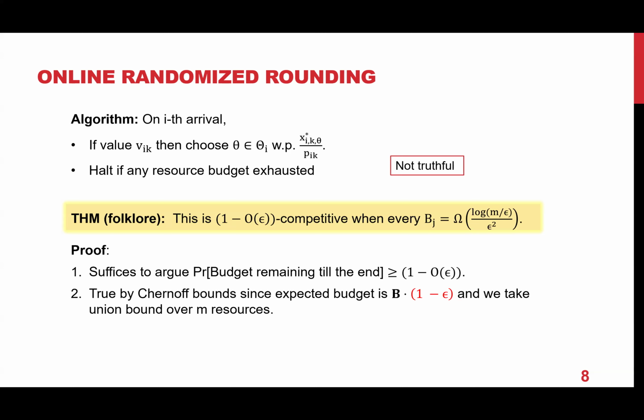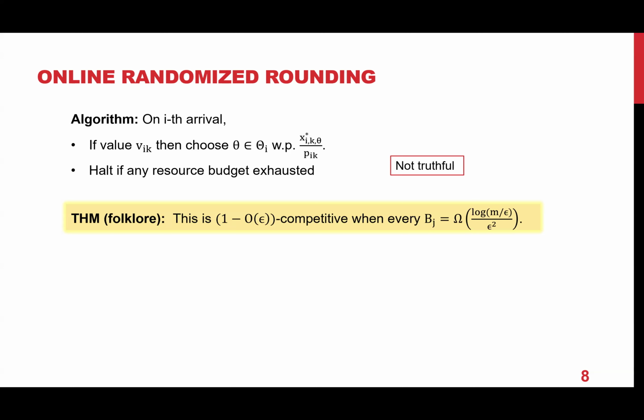And that's just Chernoff bounds, because recall the way I wrote my LP relaxation, the upper bound was b times 1 minus epsilon. So in expectation, for any resource, I'm going to consume at most b times 1 minus epsilon copies of that resource. So what's the chance that this randomized process ends up consuming more than b?